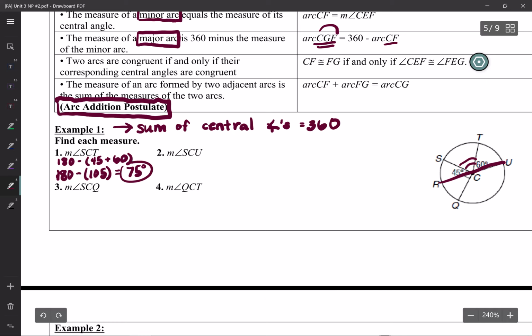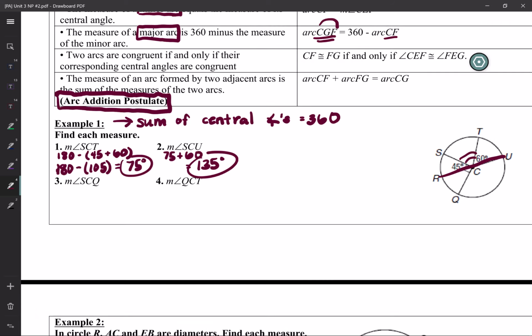Then for angle SCU, I just add SCT and TCU, so that's 75 plus 60, which gives me 135 degrees.